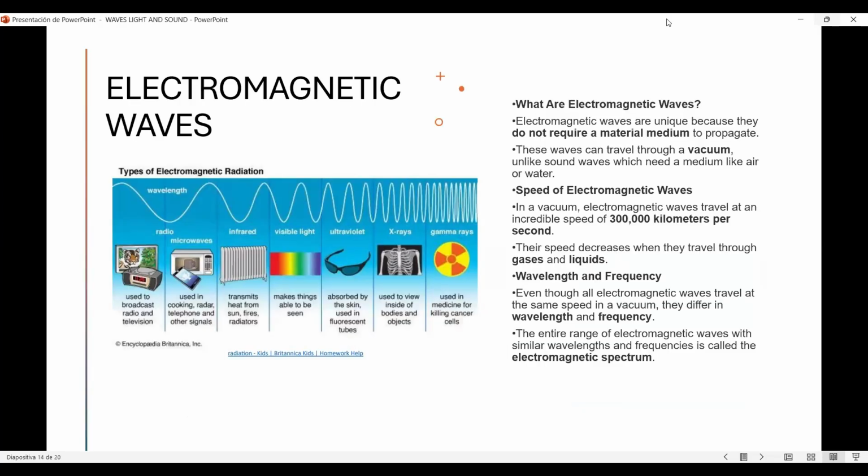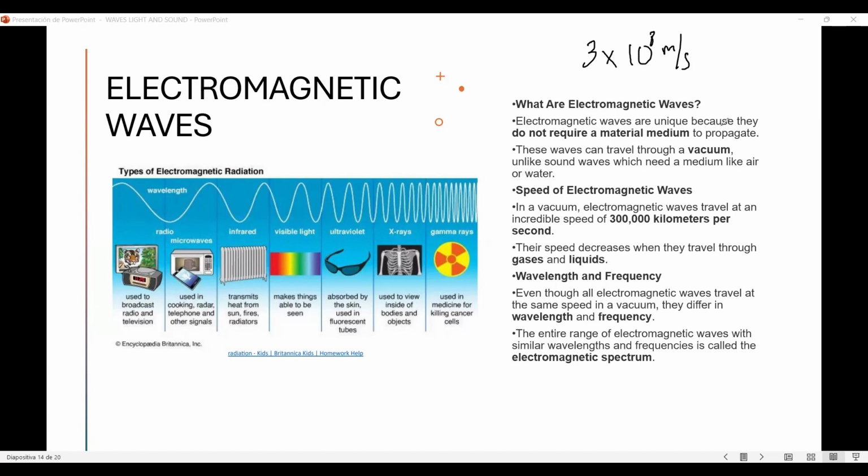Okay, let's take a short review because we had already seen this. We can say that most of the electromagnetic waves will travel at a velocity of 3 times 10 to the 8 meters per second, right? That is the speed, or 300,000 kilometers per second.